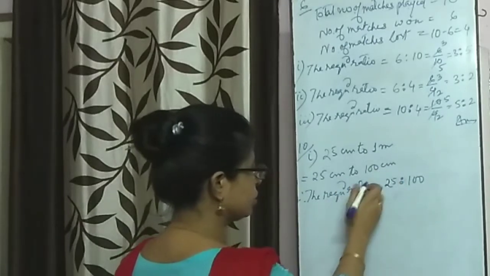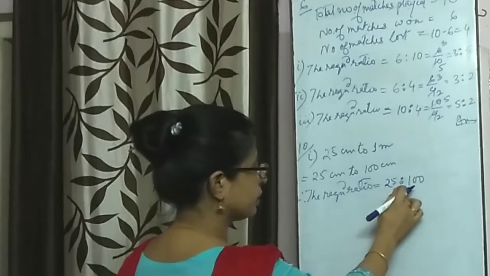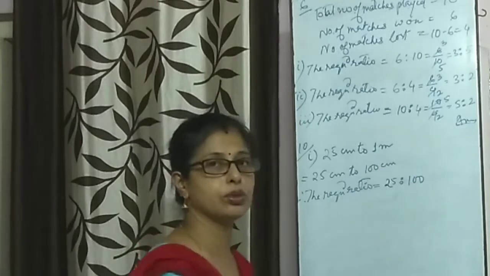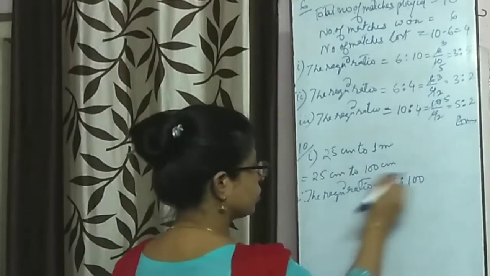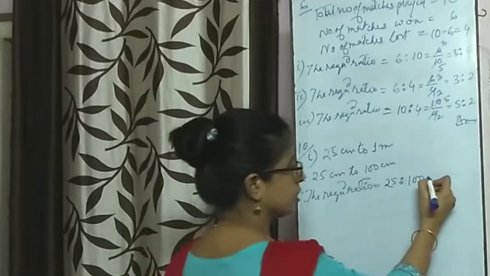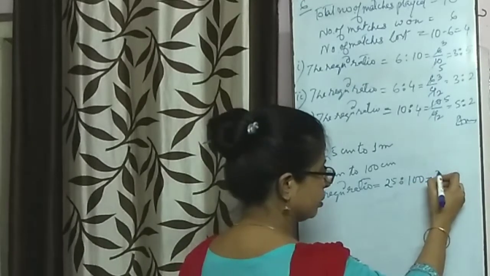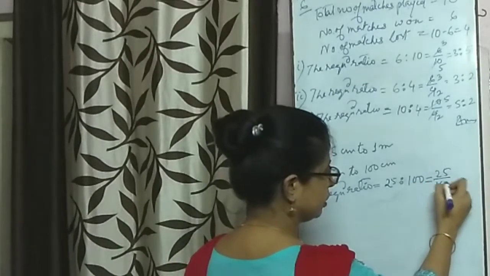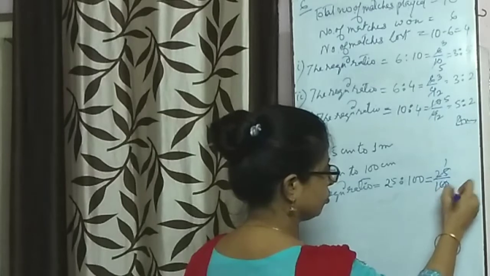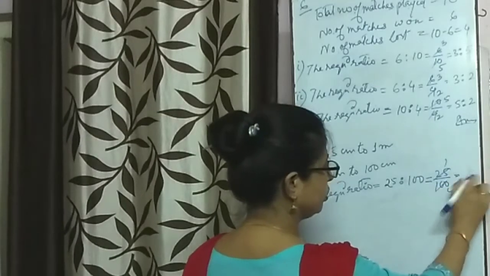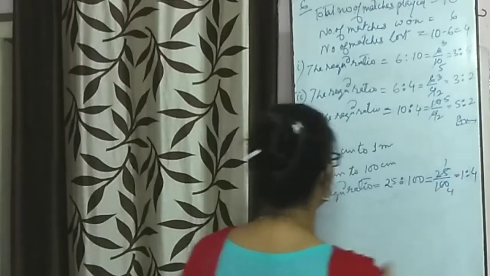Therefore, the required ratio is 25:100. I have not written the unit because both will get cancelled, and always in the ratio the unit never exists there. 25 4 times, so 1 by 4, you write 1:4.